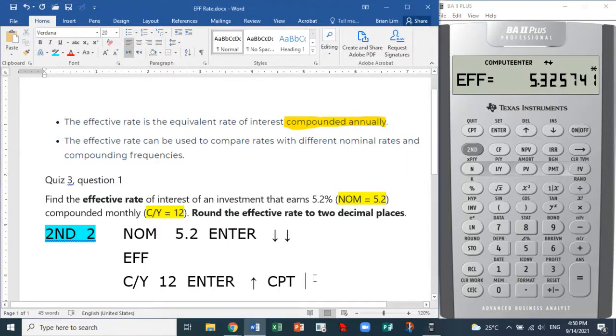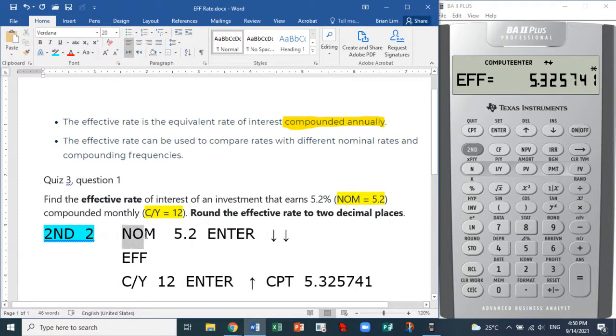Over here we will get 5.325741. That's because the calculator is set to 6 decimal places.